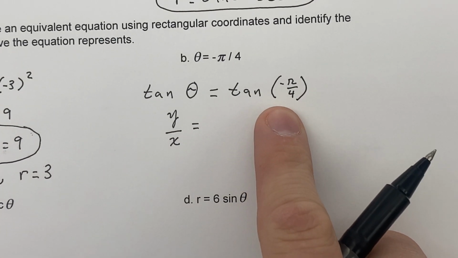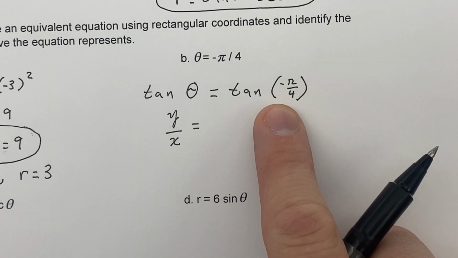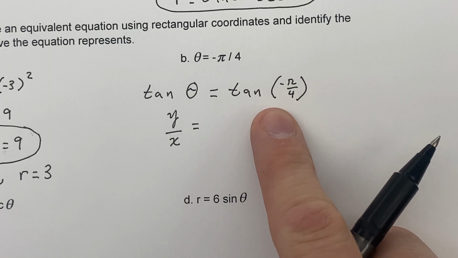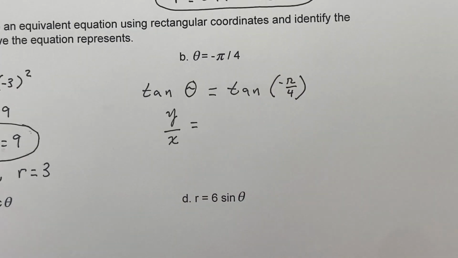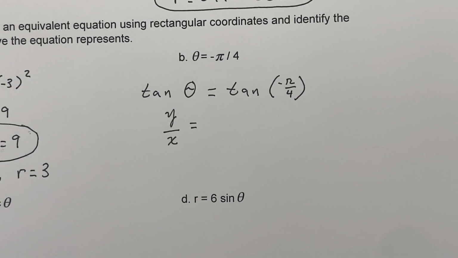And can I evaluate the tangent of negative pi over 4? Let's go to our unit circle. Negative pi over 4, down there at 7 pi over 4. We take the y over the x, what did we write there?